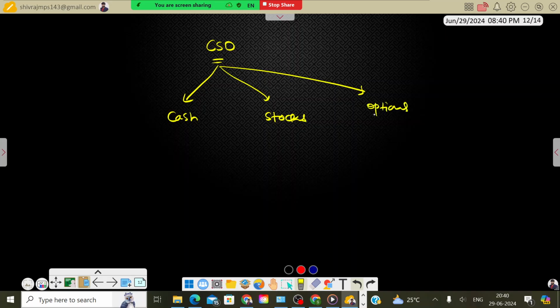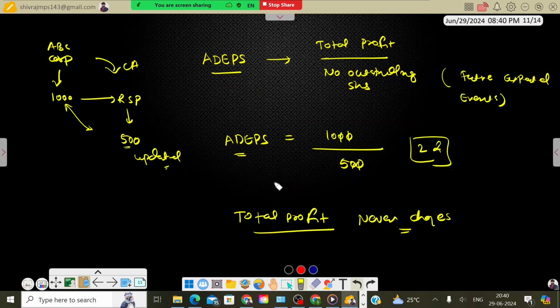now let's talk about CSO. CSO stands for cash and stock options. I would like to carry the same example. How does it work?